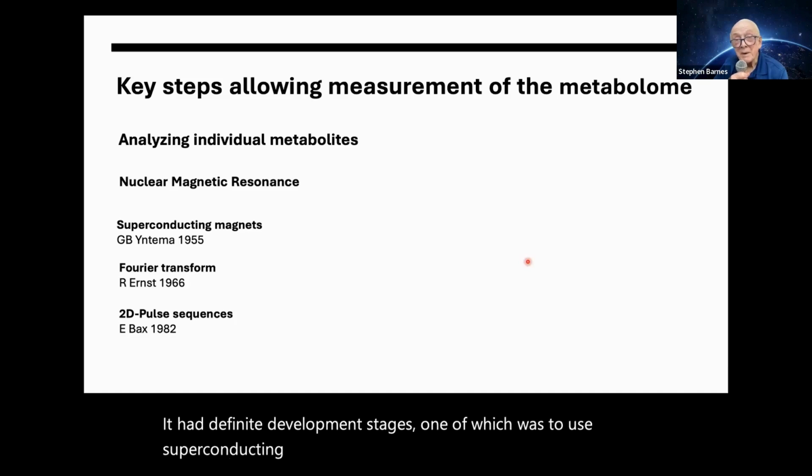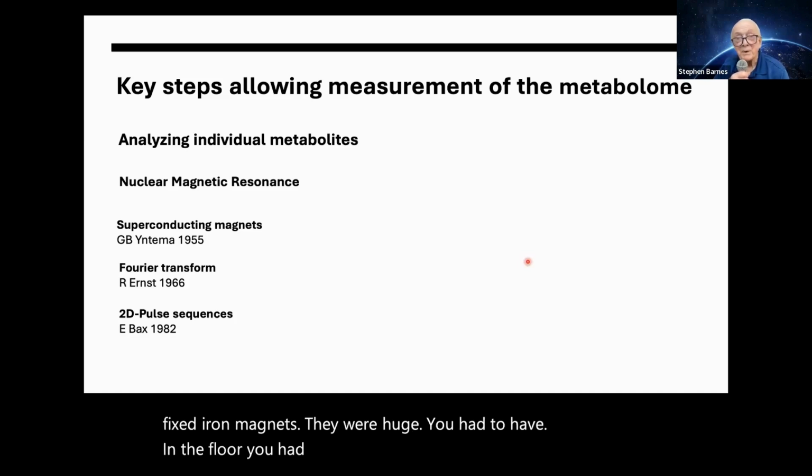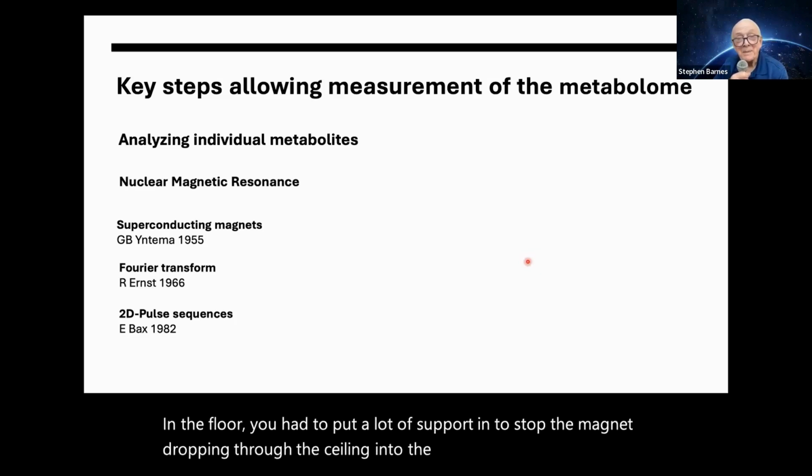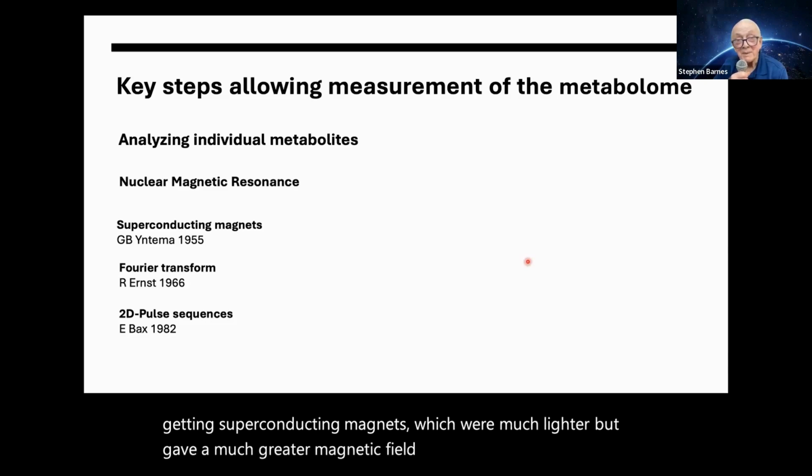The early work in NMR was done with fixed iron magnets. They were huge. You had to put a lot of support in the floor to stop the magnet dropping through the ceiling into the floor below. So getting superconducting magnets, which were much lighter but gave a much greater magnetic field, was a huge development.